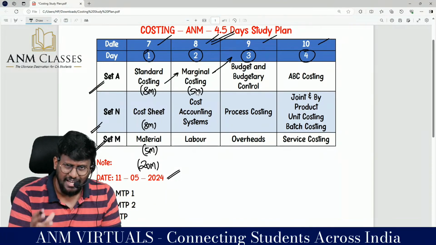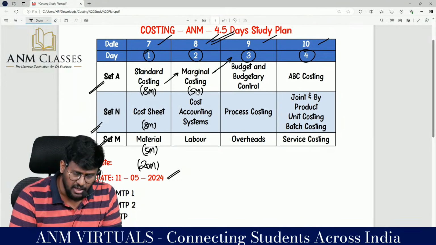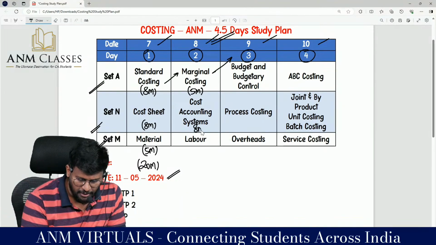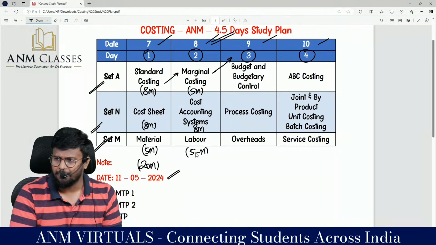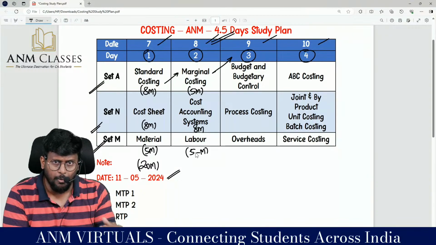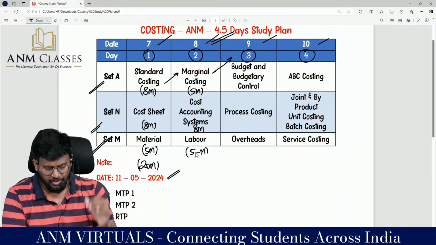If it comes, it may come for 8 marks in the examination. Still, a huge chance of coming in the examination, another 8 mark area. Labor, another 5 mark to 8 mark area, another expected question. So tomorrow you prepare marginal costing, cost accounting system and labor.